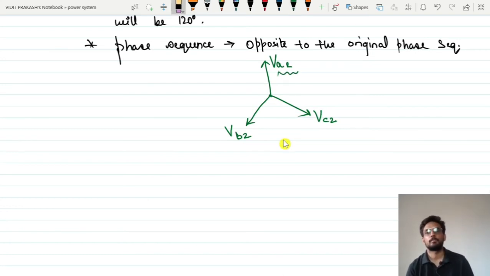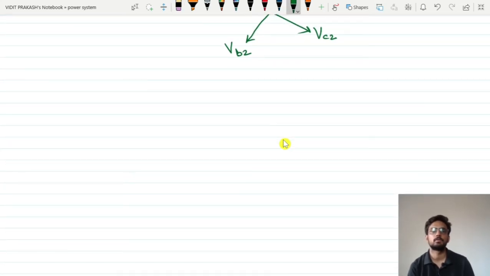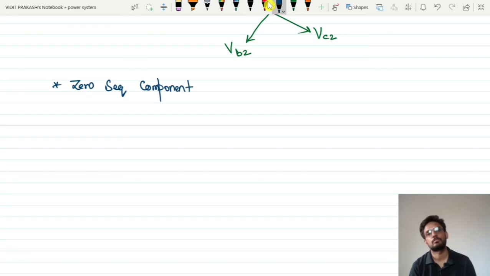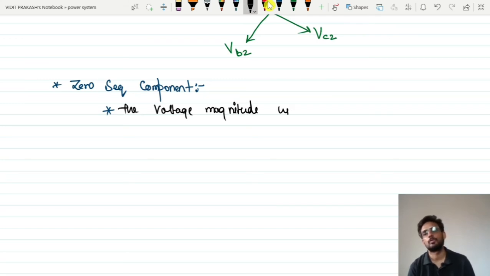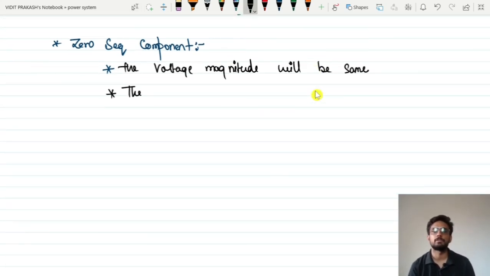Okay, now in third case, that is zero sequence component, in zero sequence component the voltage magnitude will be same and the phase displacement will be equal.